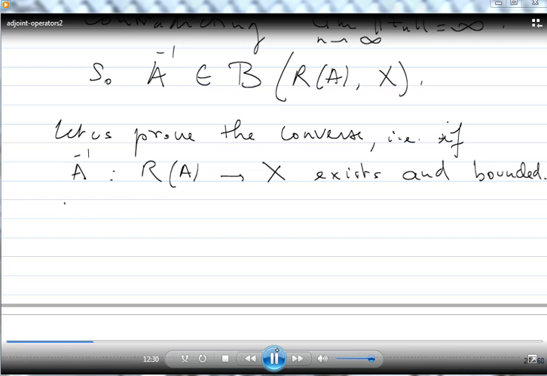Let us prove that R of A star is equal to X star.